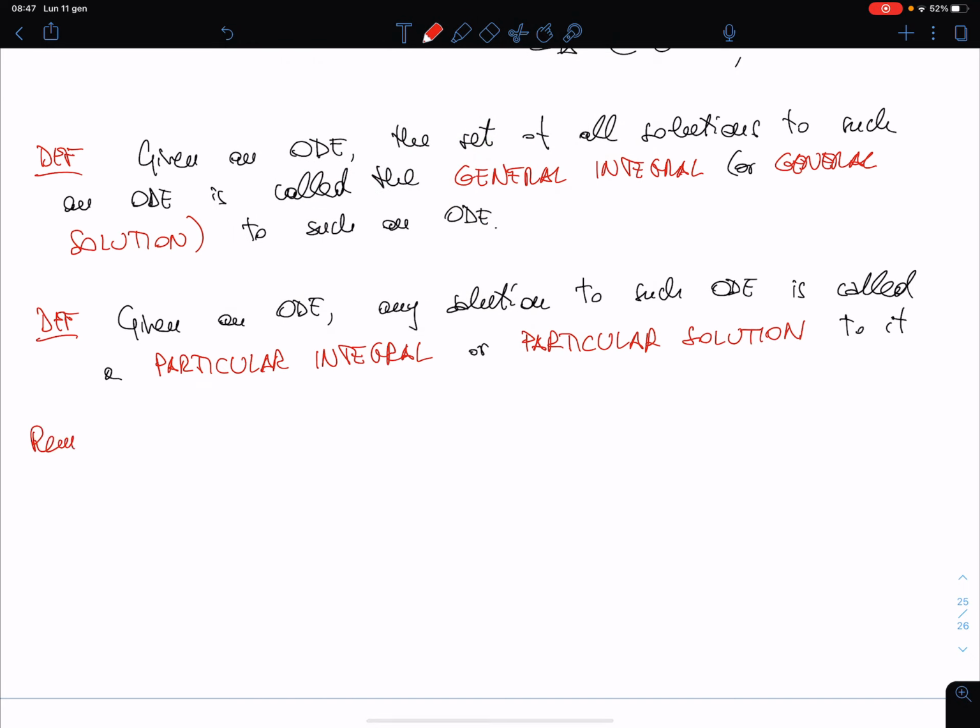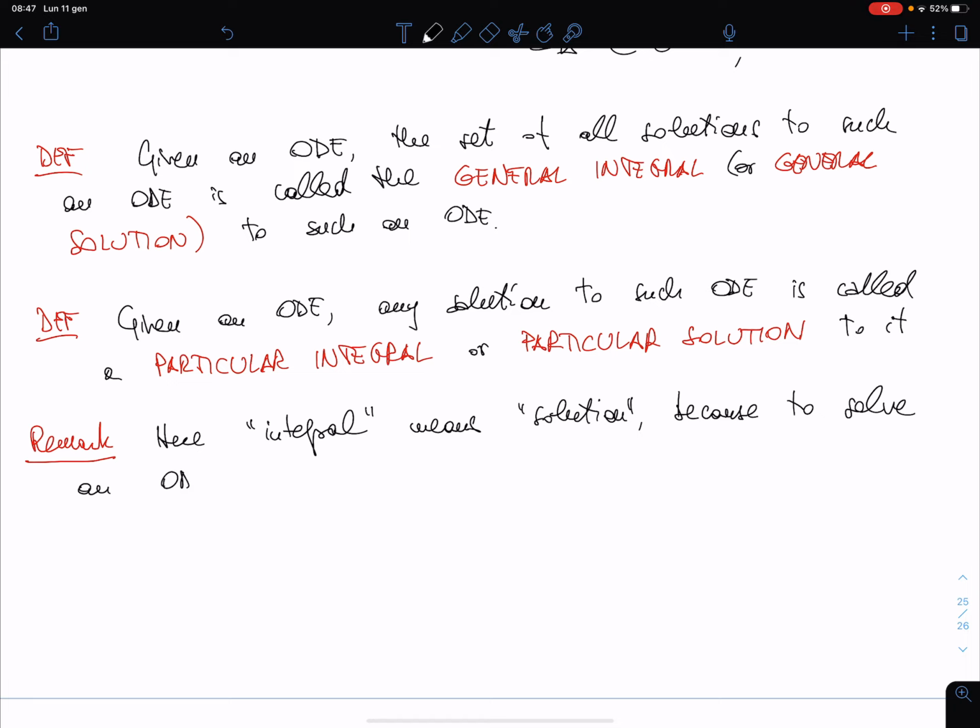A linguistic remark. Here, integral means solution, I would say, because to solve an ODE, one has to perform an integration or many integrations.